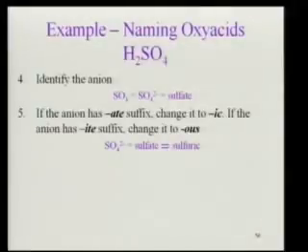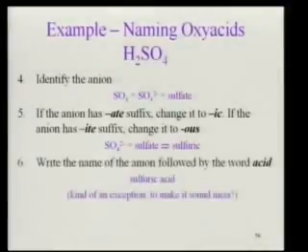You'll get the hang of it. It's pretty easy to pick up. This would be sulfur, so sulfuric. If this was a P, it would be phosphoric. It ignores the oxygen that's present in the name. So sulfate becomes sulfuric. This is called sulfuric acid.